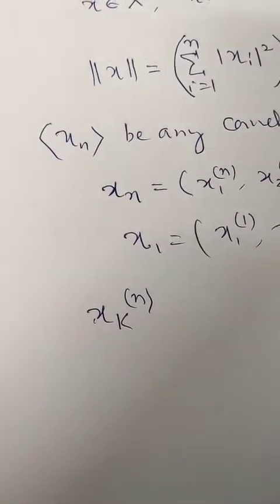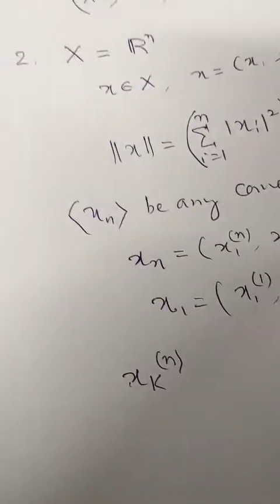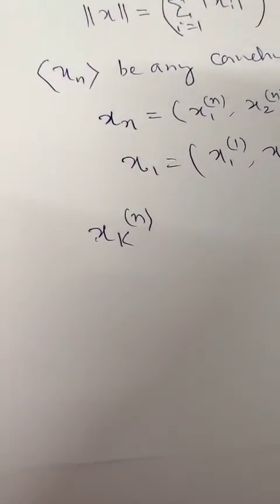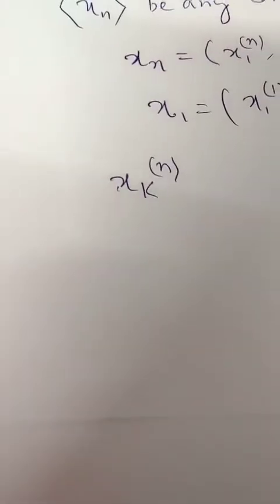Okay. Now, since we have taken x_n to be a Cauchy sequence, by the definition of a Cauchy sequence, what will happen?